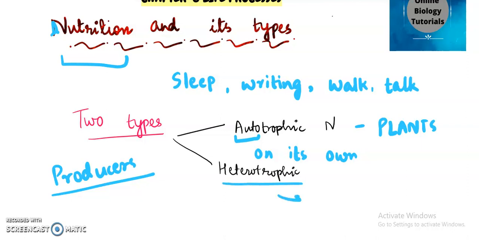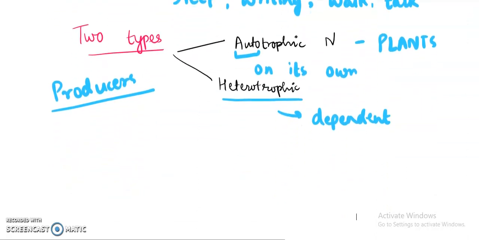Heterotrophic nutrition is one where the organism is dependent upon another for its food. Right? Now we will see an example. Lion is not able to make its own food, so it is dependent upon deer.